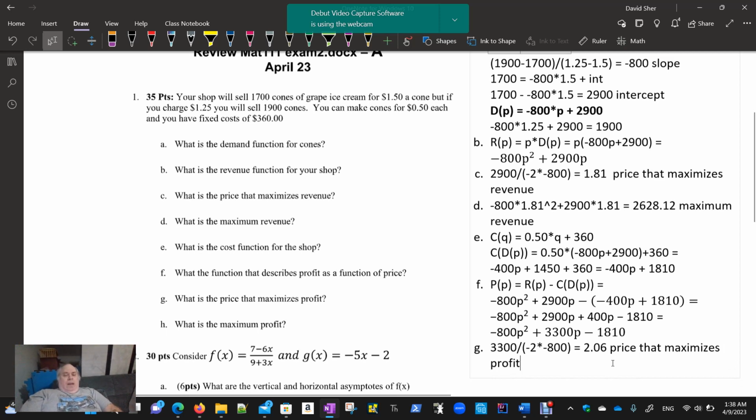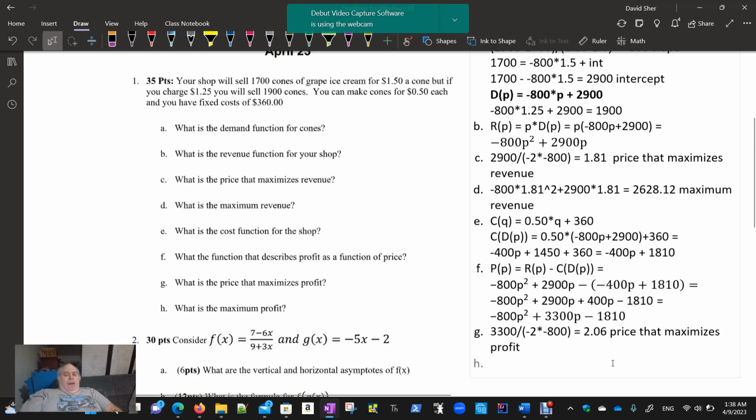Profit. Now, part H, what is the maximum profit? We're going to just plug in 2.06 into our equation over here. I'll bold that up. Okay, so I just have to take negative 800 times 2.06 squared plus 3300 times 2.06 minus 1810.